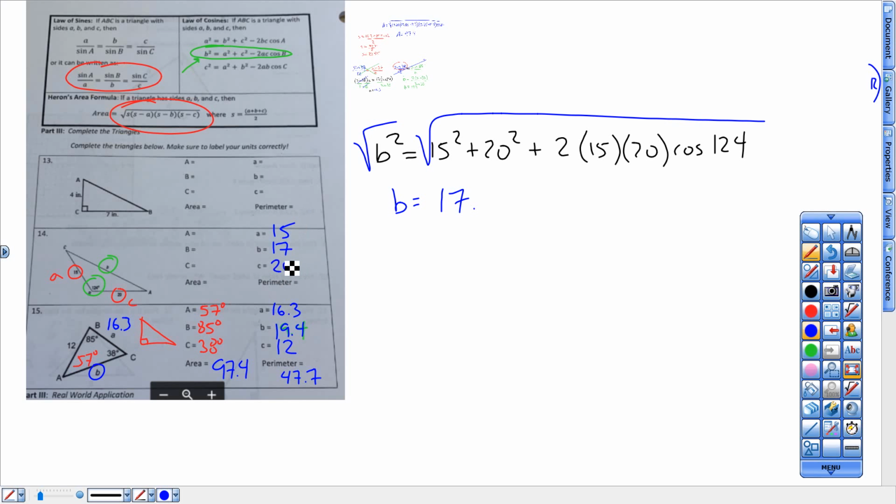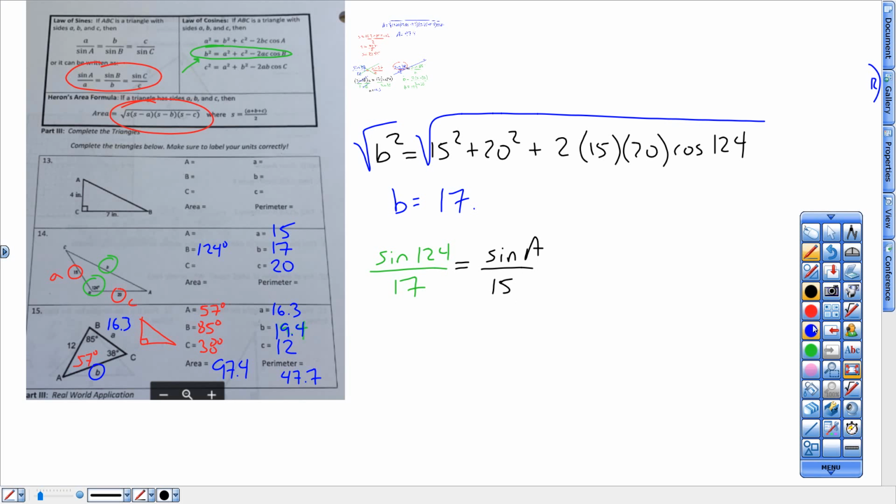To find my angles, angle B is 124. Now to solve for those other angles, I'm going to use the trig identities, the sine identities. So here I go. If I do sine of 124 over what b is, 17, that's going to be equal to one of my other angles. How about sine A? Don't know what A is, but I know what piece A is, 15.